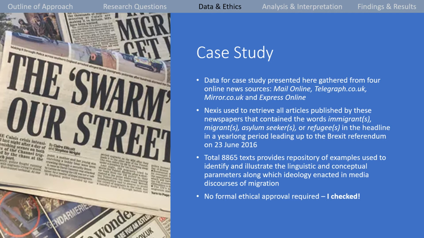I used Nexis to retrieve all articles published by these newspapers that contained the words immigrant or immigrants, migrant or migrants, asylum seeker or asylum seekers, and refugee or refugees in the headline in a year-long period leading up to the Brexit referendum on 23rd of June 2016. This search resulted in a bank of 8,865 texts. For the case study presented, there was no requirement to obtain formal ethics approval. I checked.